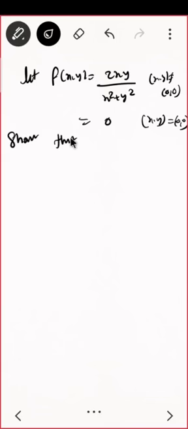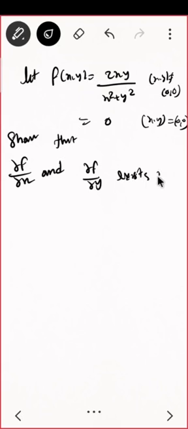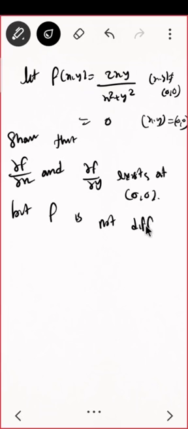Show that dou f by dou x and dou f by dou y exist at 0 0, but f is not differentiable at 0 0. This is your homework for next lecture.